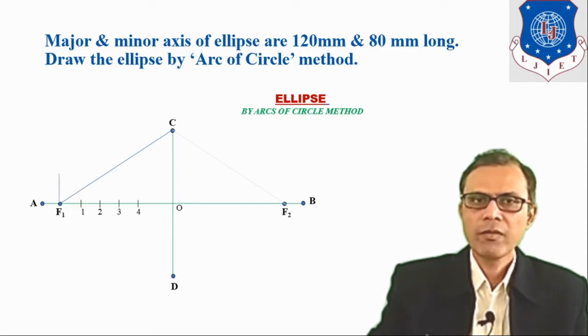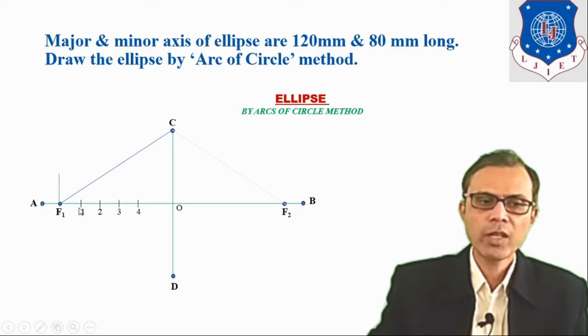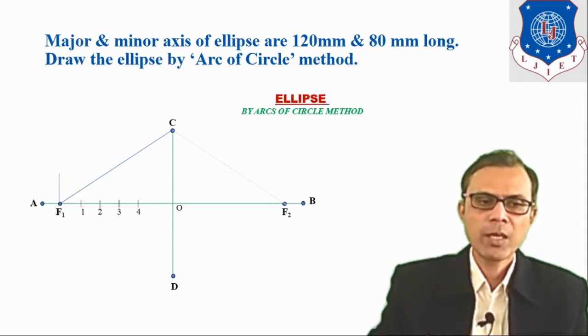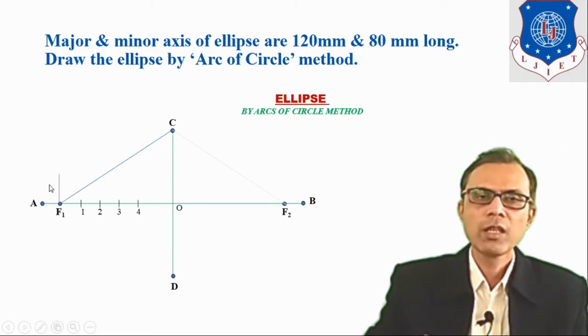Now we have to locate the points to draw the ellipse. In the first step, take the compass size equal to A1, the distance from A to division number 1. Keep F1 as the center point and draw an arc on this side.